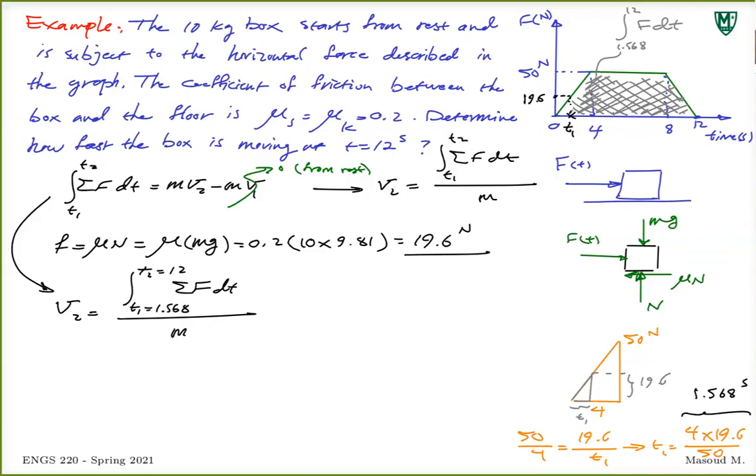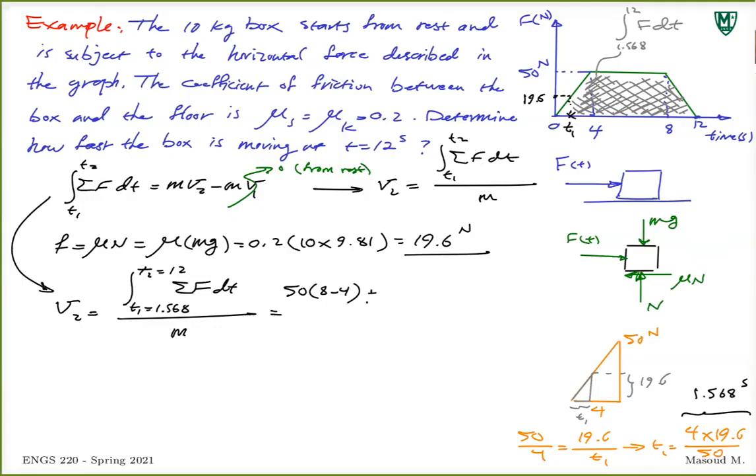You find the area the way you are most comfortable with, say 50 times 4, the middle part, then you have a triangle on the right side, and then you have the other part. It depends on how you are more comfortable. So let me write it this way. I'll say 50 times 8 minus 4 for the middle part.